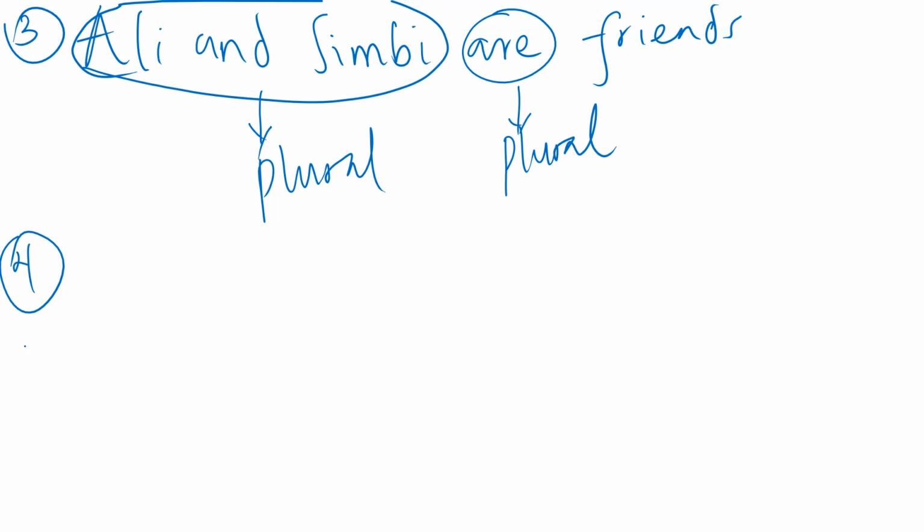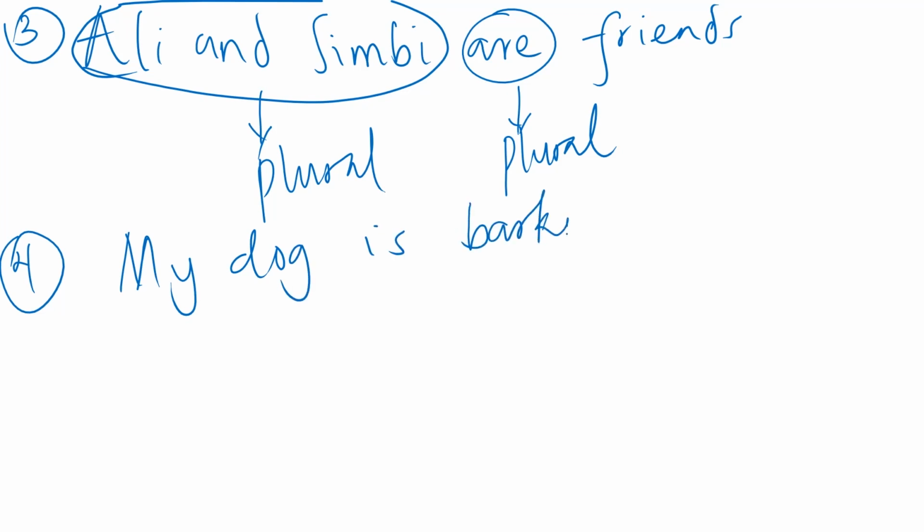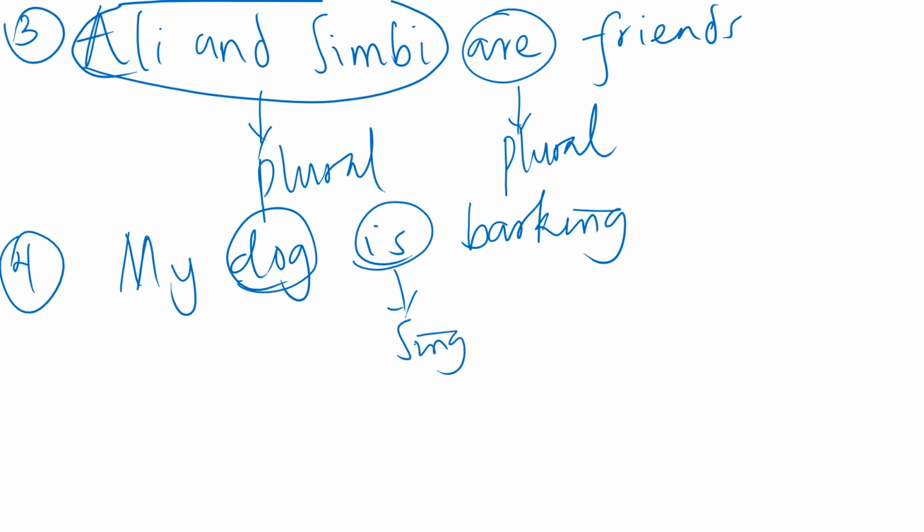My dog is barking. You have one dog and you have is, so you have singular and singular. Is that clear? So just know this at the back of your mind, that a singular verb follows a singular subject, and a plural subject goes with a plural verb.